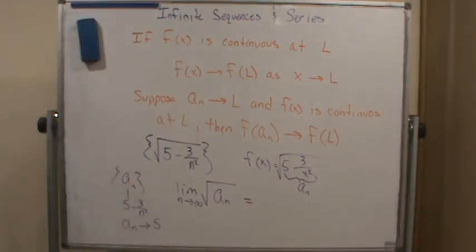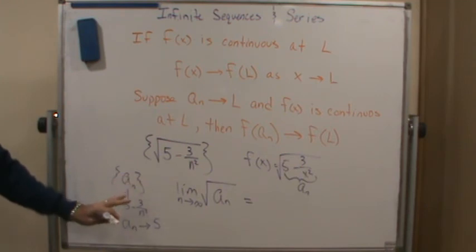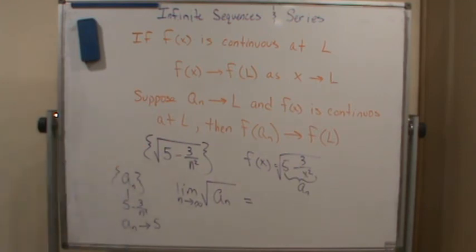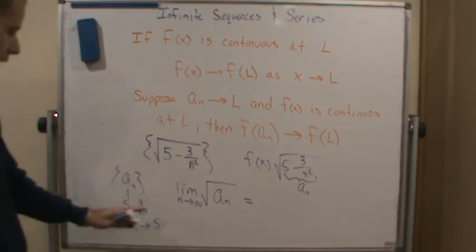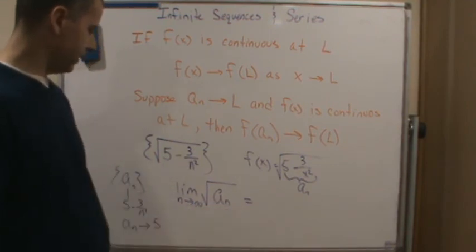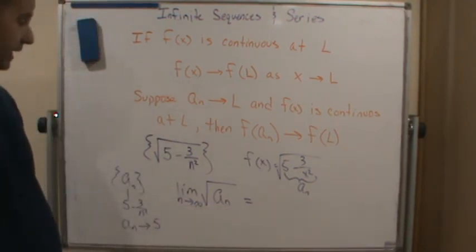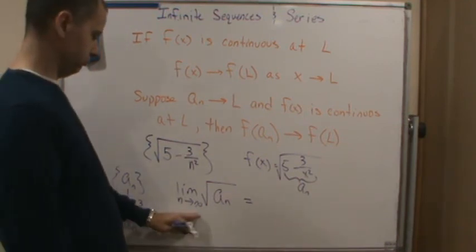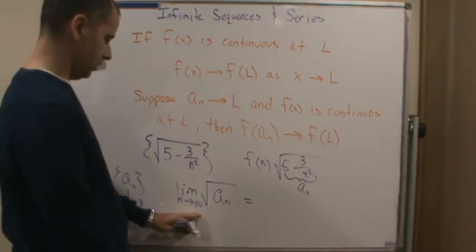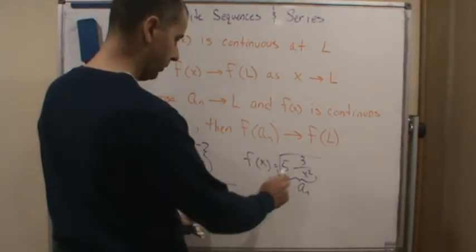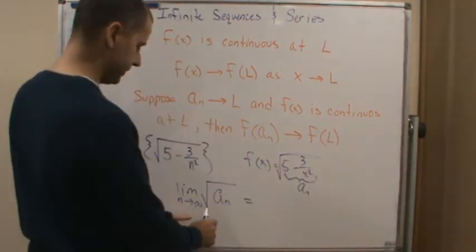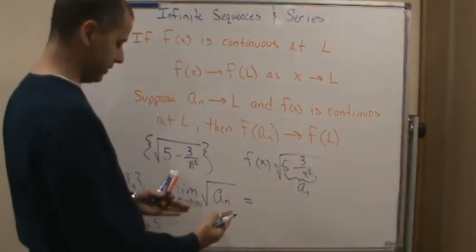Because f of x is continuous, we can bring the limit inside the radical. Because L is based on the limit.